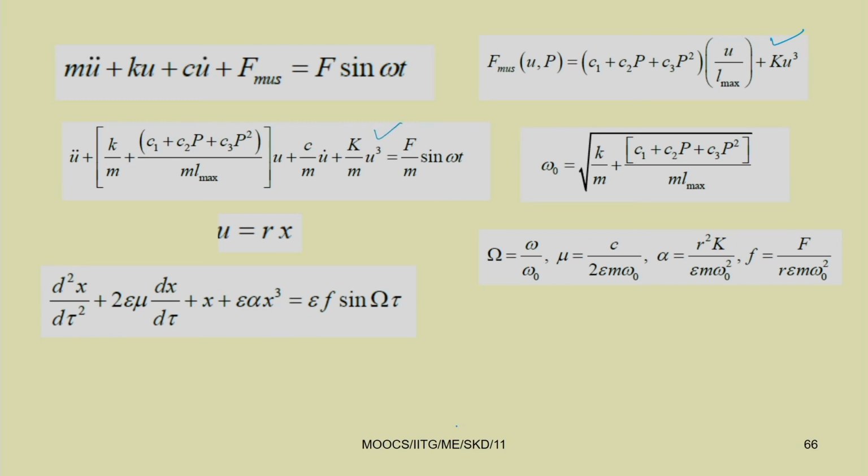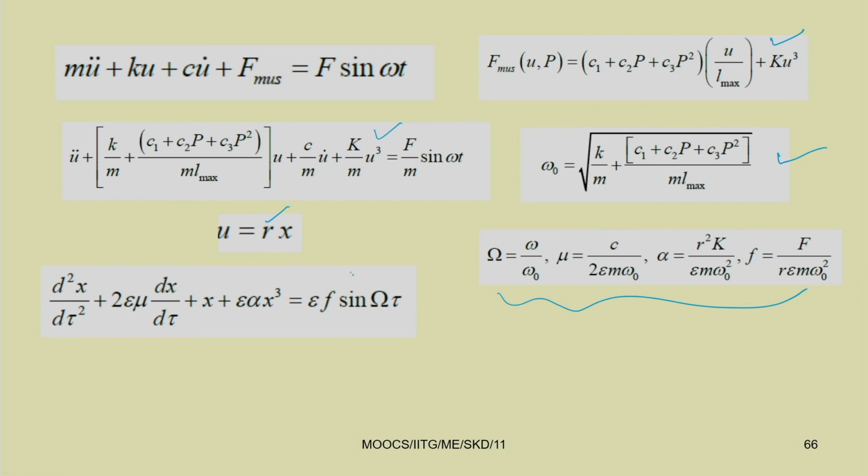You just see this equation by substituting this omega 0 equal to this term, and u equal to r x, where r is a scaling parameter, already we have defined what a scaling parameter is. Defining these non-dimensional parameters: non-dimensional frequency omega by omega 0, damping mu equal to c by 2 epsilon m omega 0, alpha equal to r square k by epsilon m omega 0 square, and f equal to capital F by r epsilon m omega 0 square.